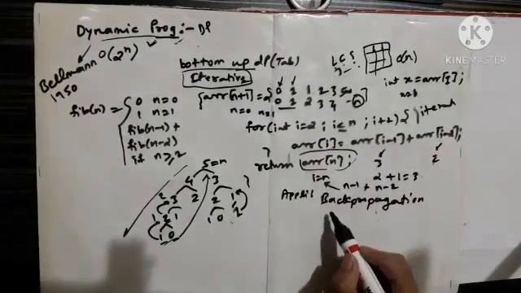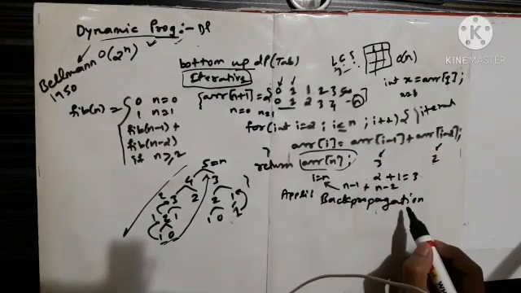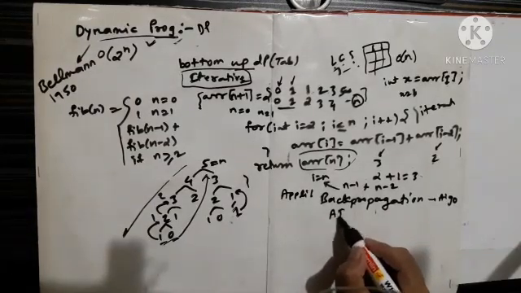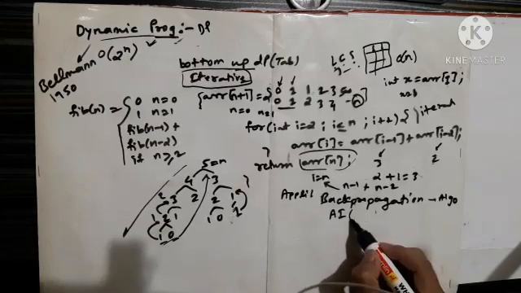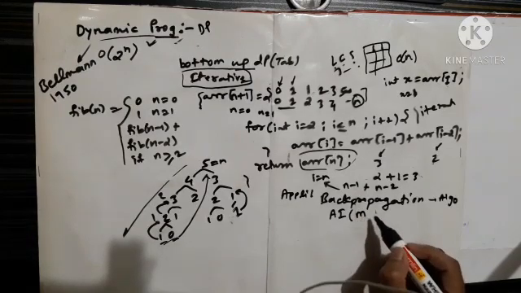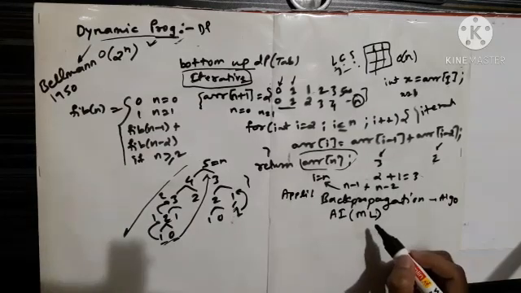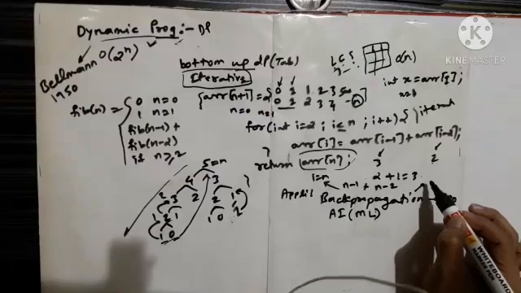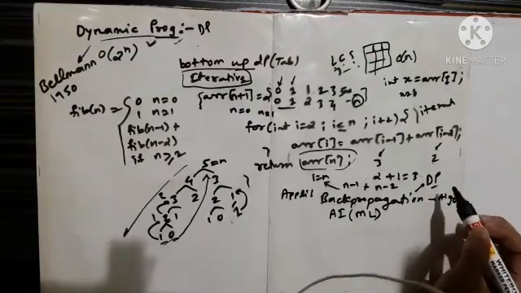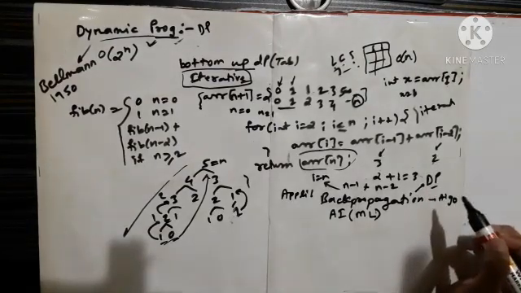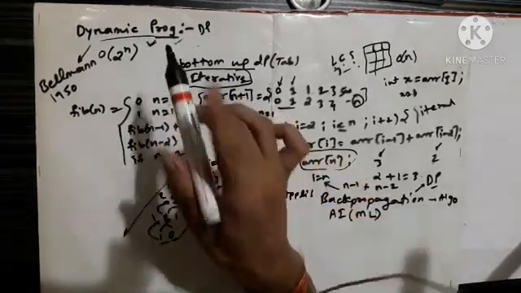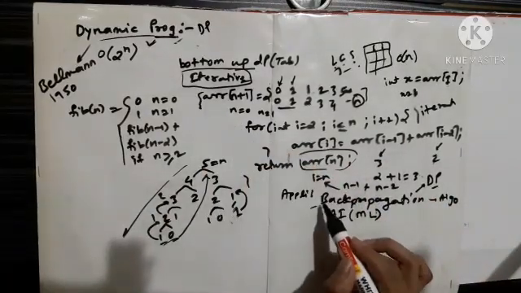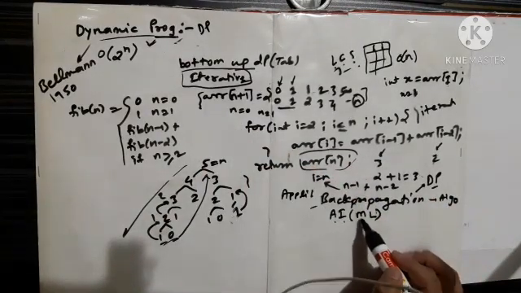Hence, in this fashion, back propagation is also an algorithm in AI, artificial intelligence, in the context of machine learning, that is ML. In back propagation we use nothing but DP, that means dynamic programming. One very important and very vast application of DP is back propagation, which can be used in artificial intelligence, that is in machine learning.